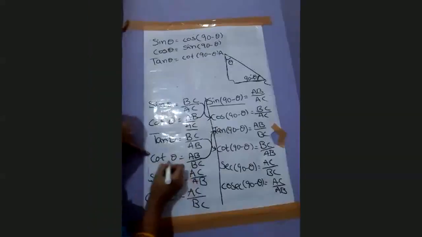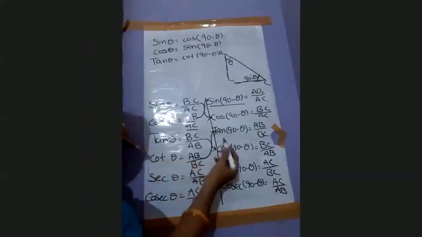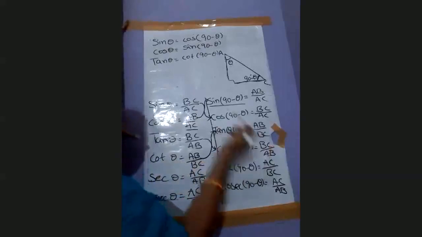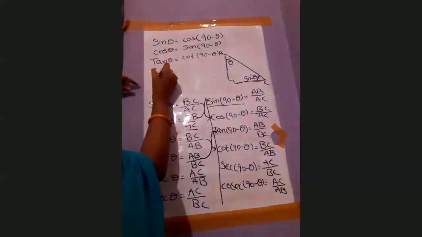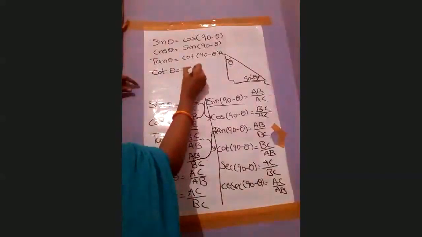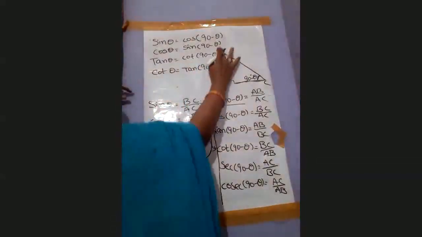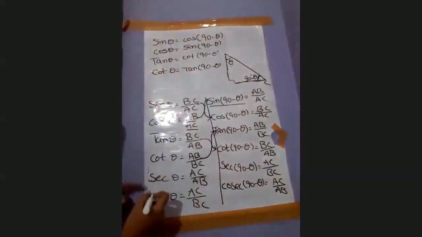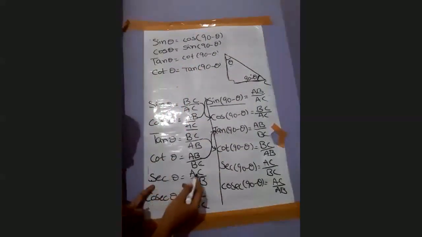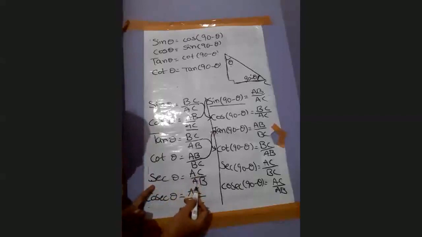Okay, look. Here cot theta is equal to AB by BC. So here we have AB by BC. That means we can equate the values. Cot theta is equal to tan of 90 minus theta. Okay, madam. So now come to secant. Secant theta is equal to AC by AB. So secant theta is equal to AC by AB.